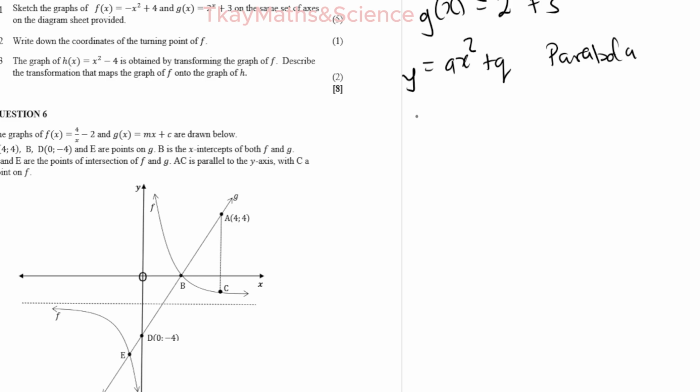Then we go to g(x). No, actually it's f(x) that was the parabola, but okay, it's fine. g(x) is equal to 2 to the x plus 3. We see a formula like a b to the x plus q, which is an exponential graph.